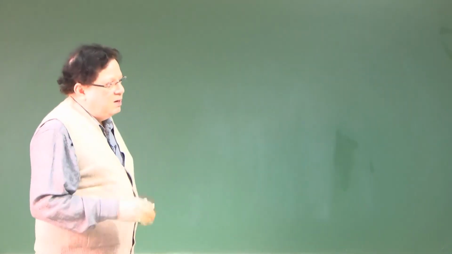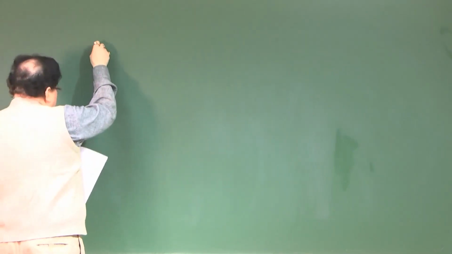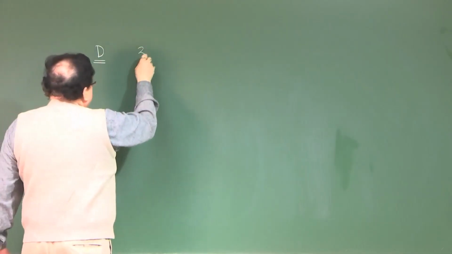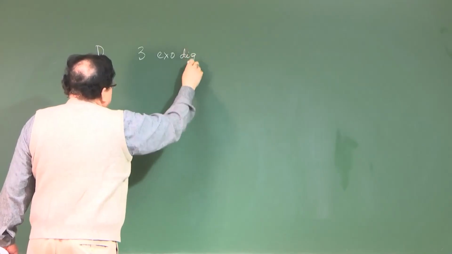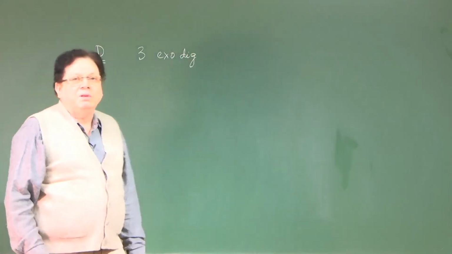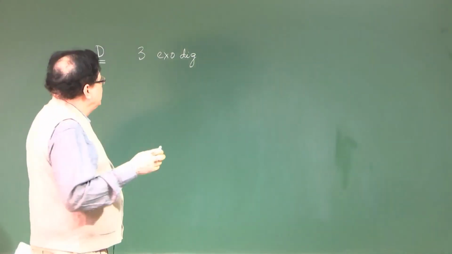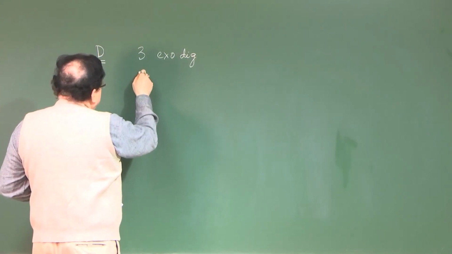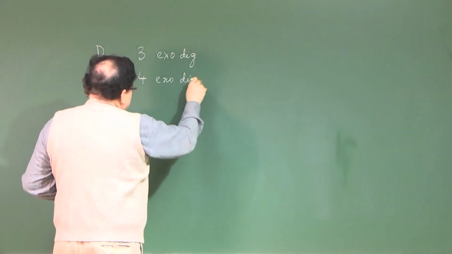So, the first one is that the disfavored ones are these. If I say D means disfavored, so 3 exo dig, usually exocyclizations are favorable, but for a digonal system, that means sp hybridized carbon, the rules are a little different. 3 exo dig and 4 exo dig, these two are disfavored.